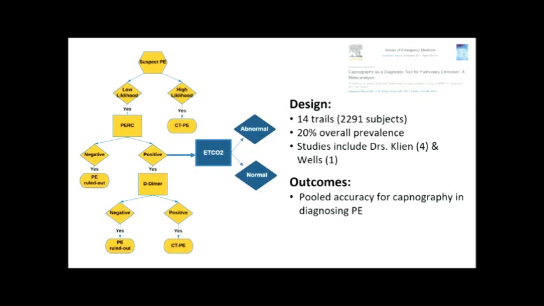There was a 20% overall prevalence of PE, which I would say is higher than our average, somewhere quoted around 13 to 15%. The studies did include 4 studies by Dr. Klein and 1 study out of Ottawa with Dr. Wells. And overall, they were looking at the pooled accuracy of capnography in diagnosing PE.